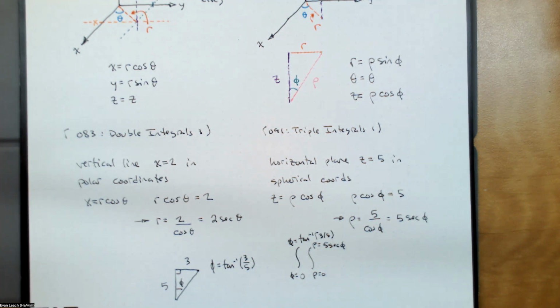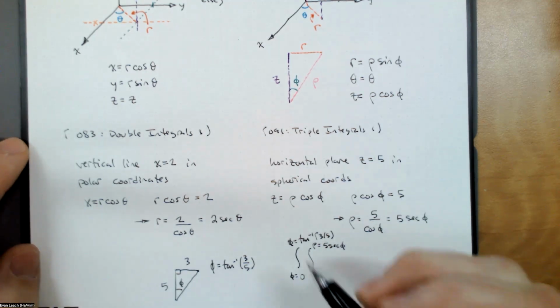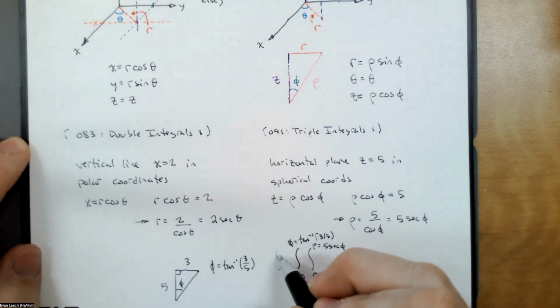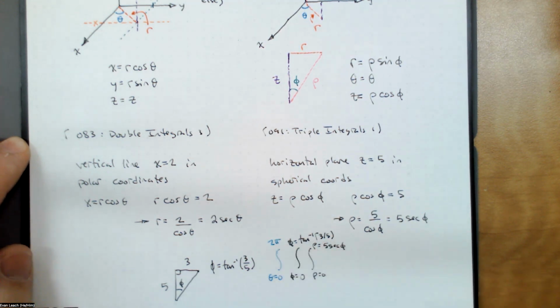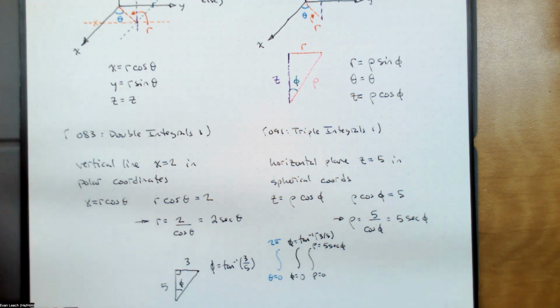Since we want the cylinder to go all the way around, I want that full cylinder. What's the interval for theta? It goes 0 to 2 pi. And that 0 to 2 pi could either go before all this happens or go last. So I could either put my theta equals 0 to 2 pi after this, or we could put it before, since theta isn't involved in rho.